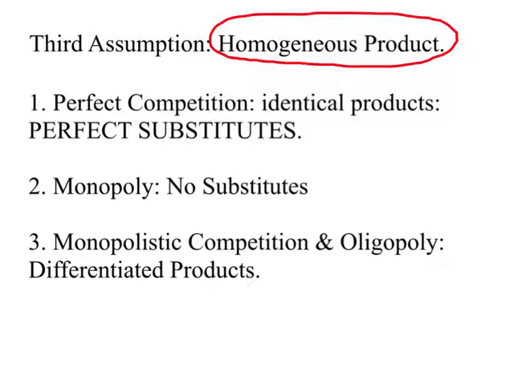Under perfect competition, since different sellers are selling identical products, that simply means the output of different sellers are just perfect substitutes. The consumers cannot distinguish between output sold by one seller and output sold by the second seller, and hence the output sold by different sellers under perfect competition are perfect substitutes of one another.